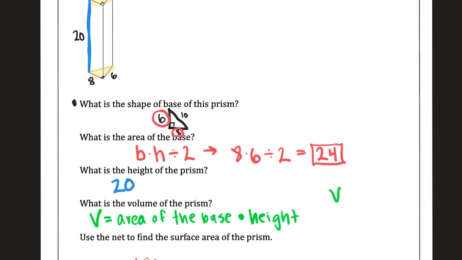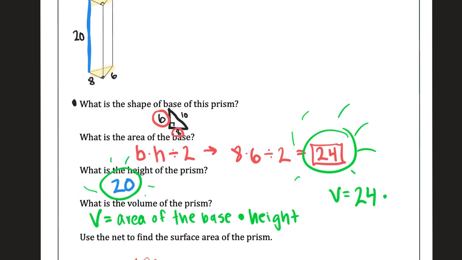So that means our volume is equal to the area of our base, which is 24, times our height, which is 20. So we just go 24 times 20, and we get 480 cubic units.